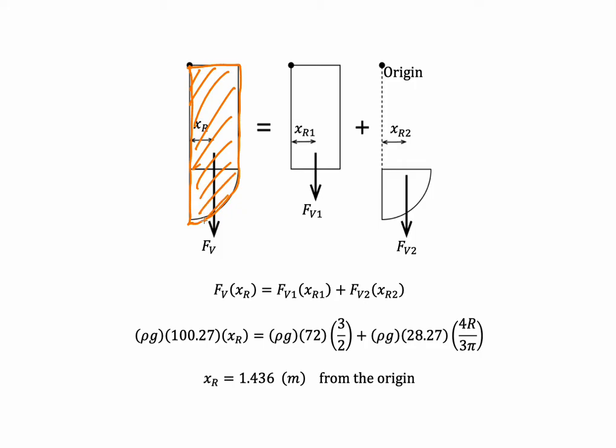However, from the idea of moment, we could split the phenomenon by calculating the moment of the rectangular area with its vertical force plus the quarter circle area with its vertical force. The distance x_R1 here means the centroid of this rectangle, by dividing this length by 2.